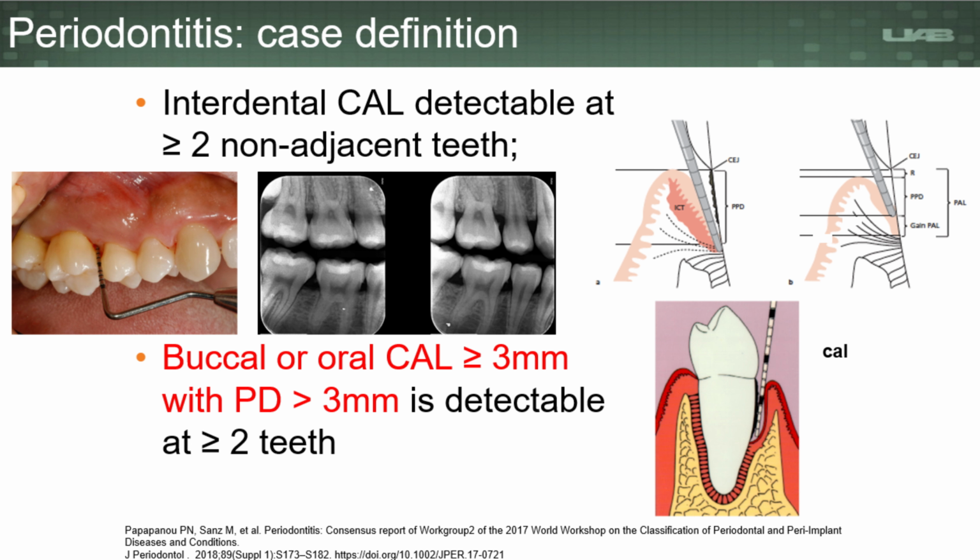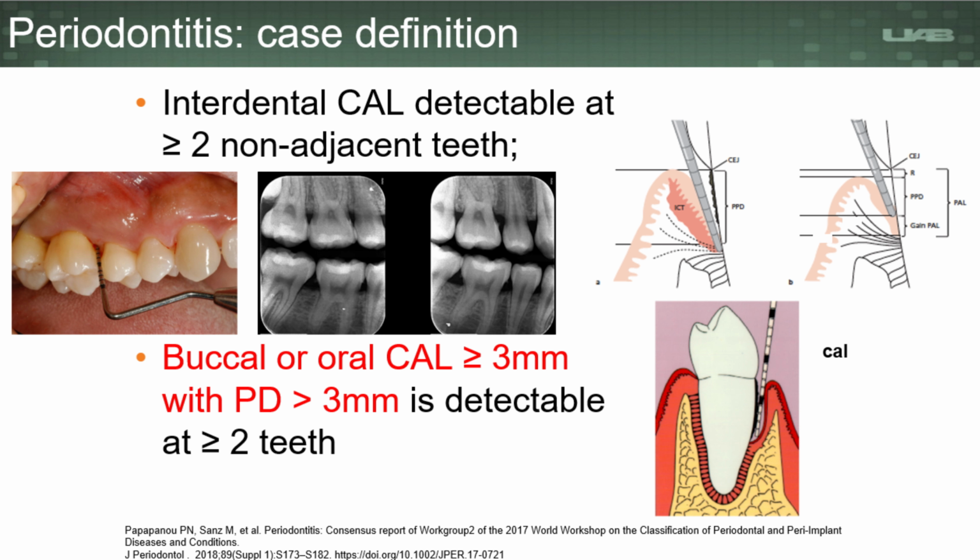In a case definition of what periodontitis represents in the new classification, you must have two non-adjacent teeth with clinical attachment loss interproximally, or you can have it on the buccal aspect, but that buccal attachment loss also has to be associated with pocket depth. It can't just be a site with gingival recession.